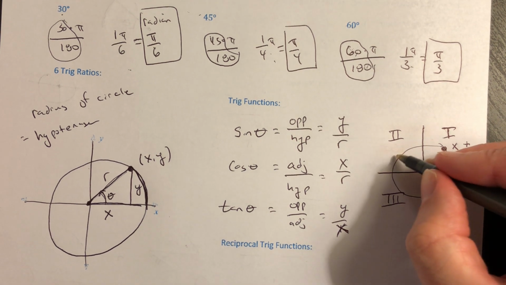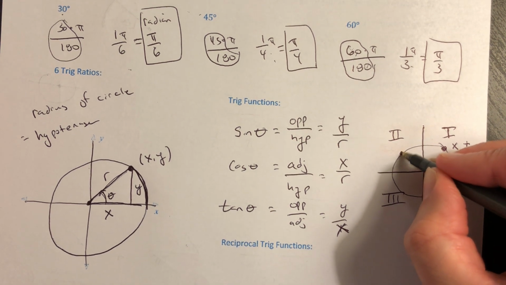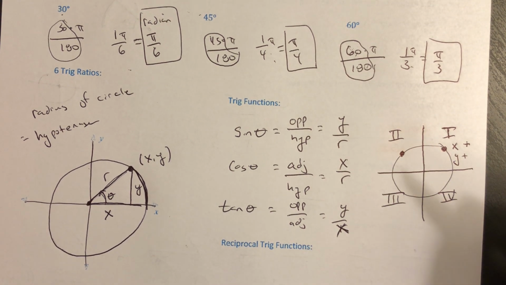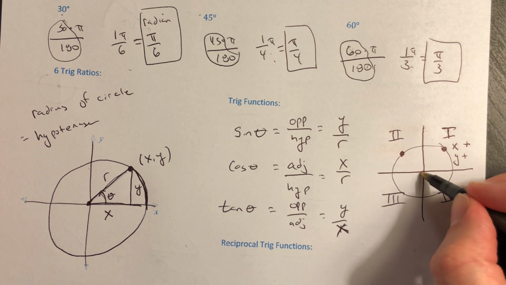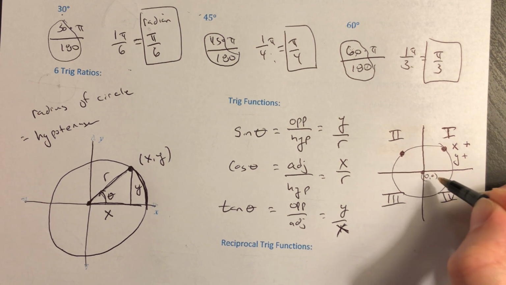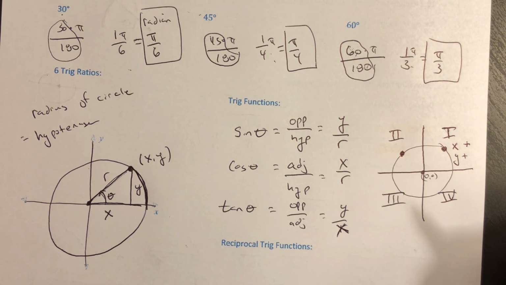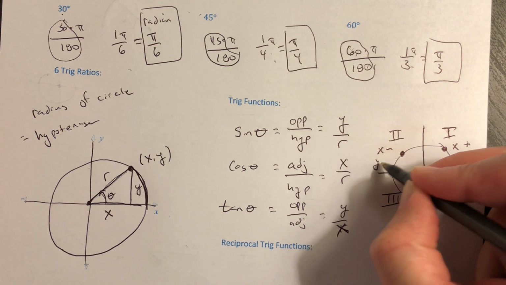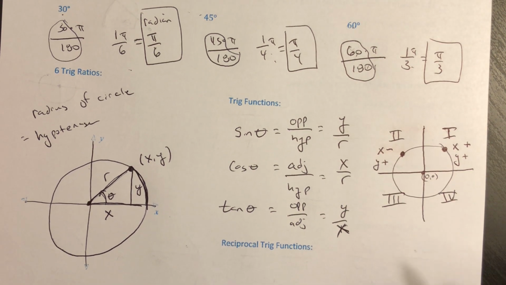As I switch to this side, quadrant 2, which one of my coordinates changes? Remember, this is our origin, 0, 0 right here. As I go to this side of the origin, does the x change or does the y change? Well, our x's are negative and our y's stay positive in this quadrant.